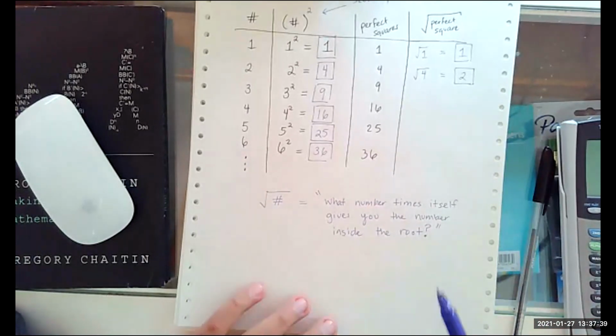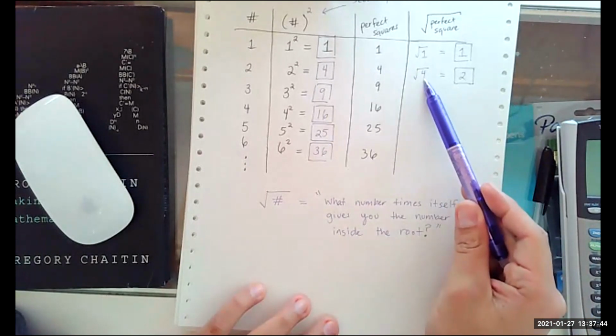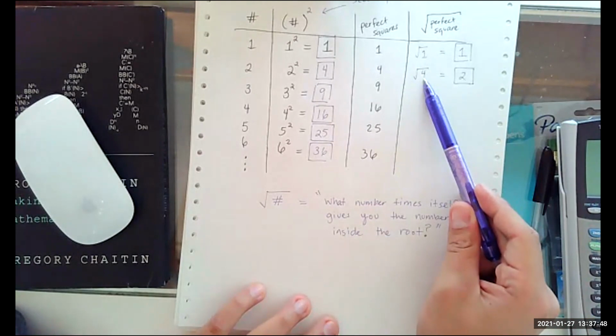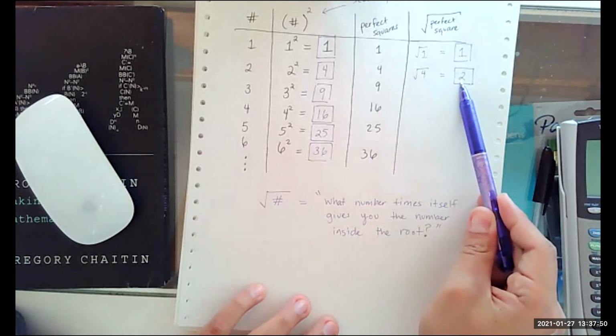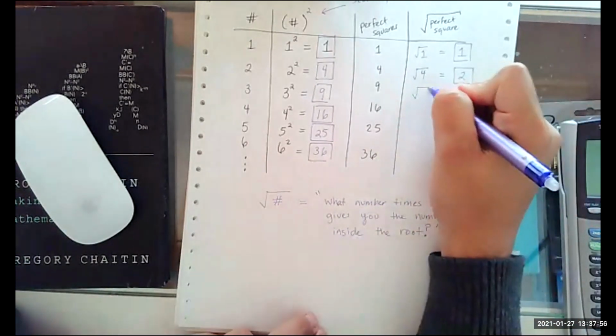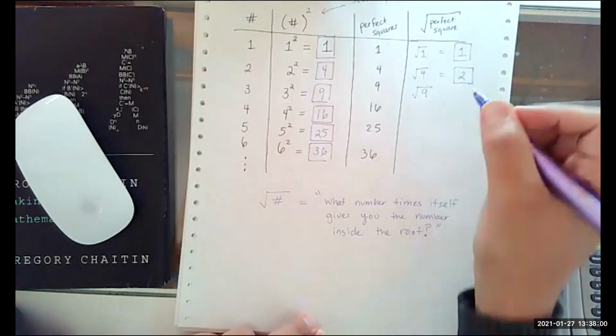So if I think about this question, the square root of 4 is asking me, what number times itself gives me 4? So the answer to that question is 2. Okay. The square root of 9 is asking, what number times itself gives me 9?